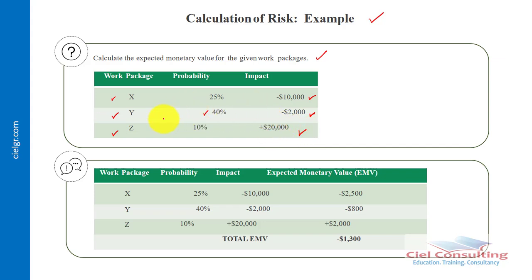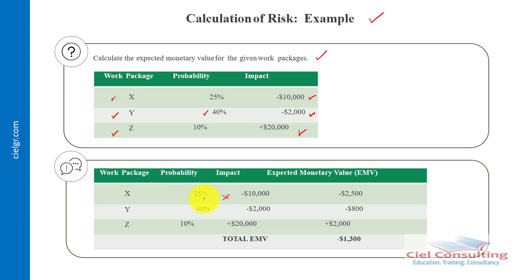So we now want to determine the expected monetary value. The expected monetary value is simply a combination of the probability and the impact of the risk. So if we say this 25% multiplied by negative 10,000, that would give us $2,500.